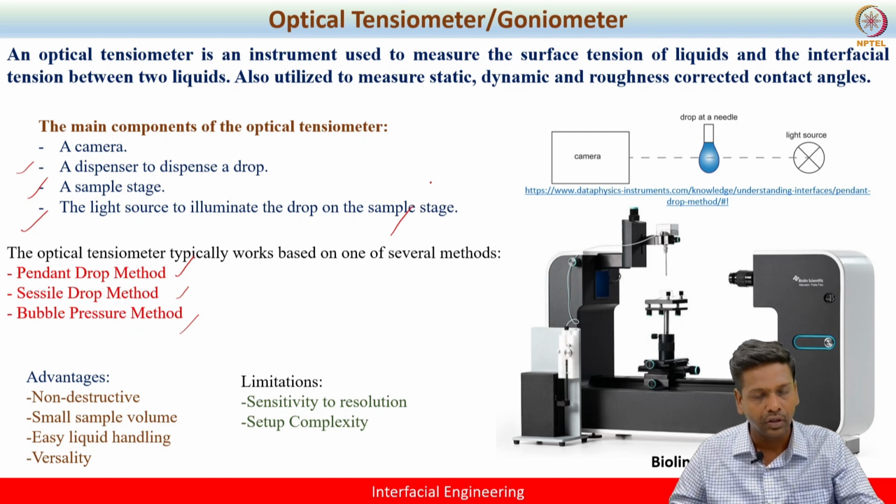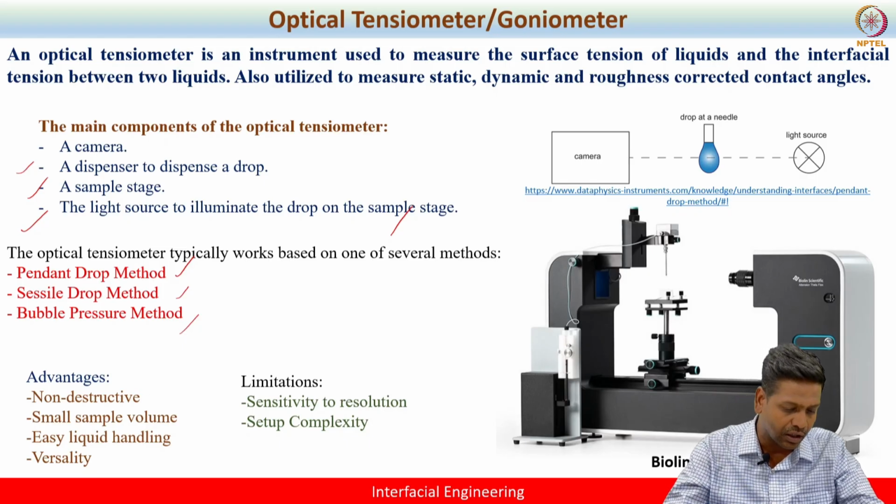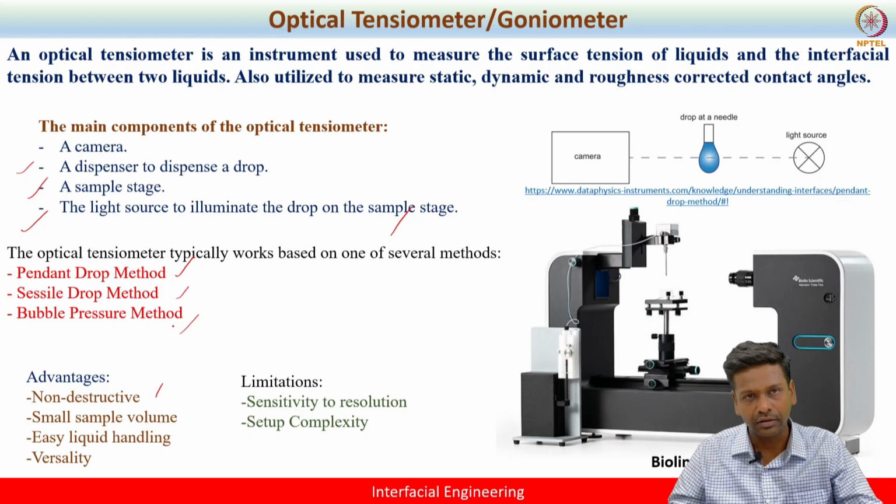What are the main advantages of this method and how does it usually function? There are several advantages of using the optical tensiometer. It is often done in non-contact mode, which means this device helps you determine the surface tension or contact angle using imaging.